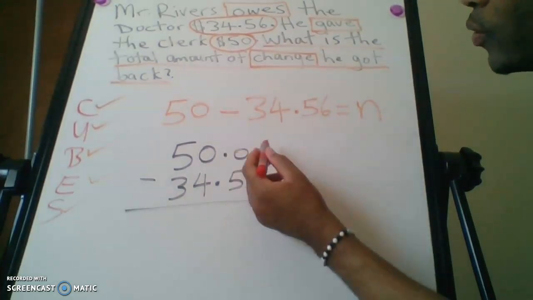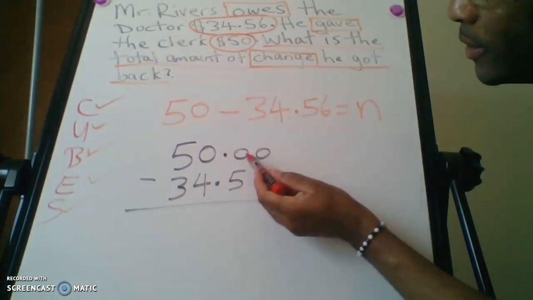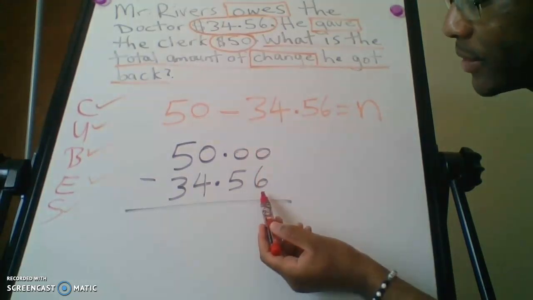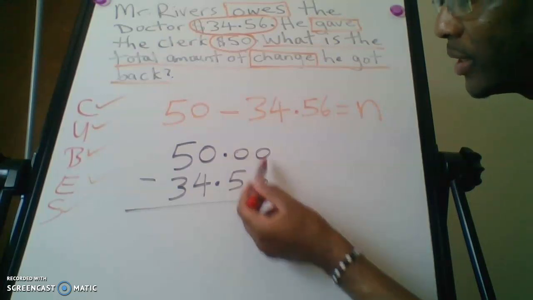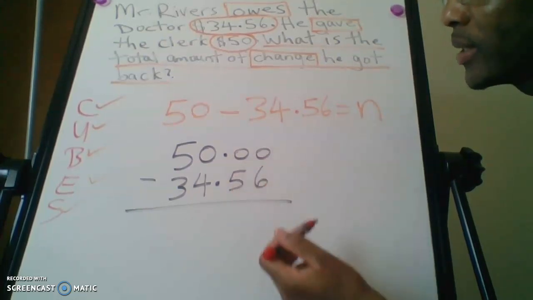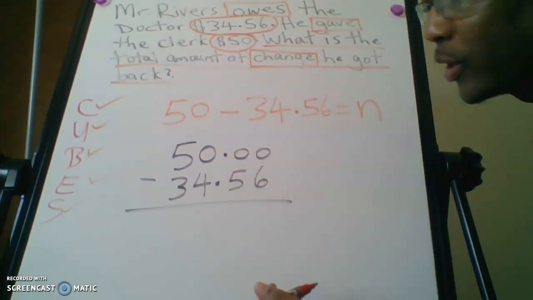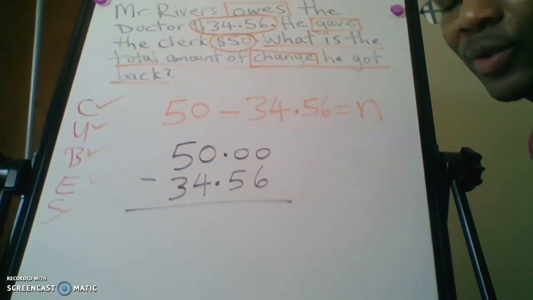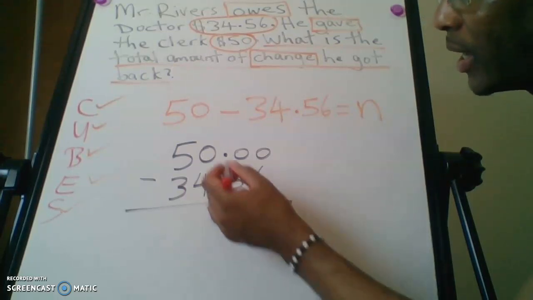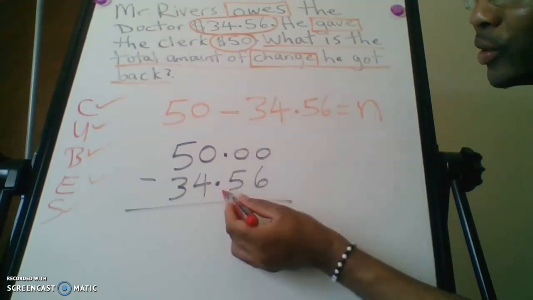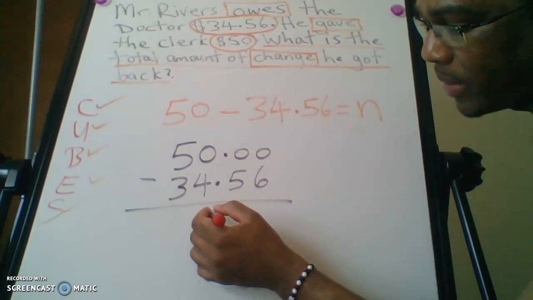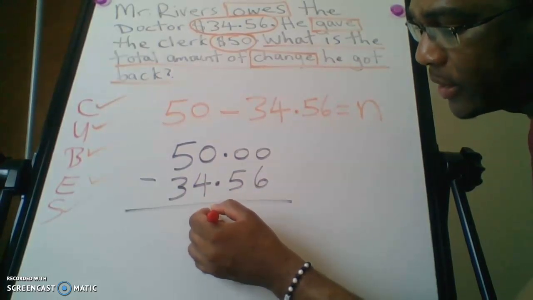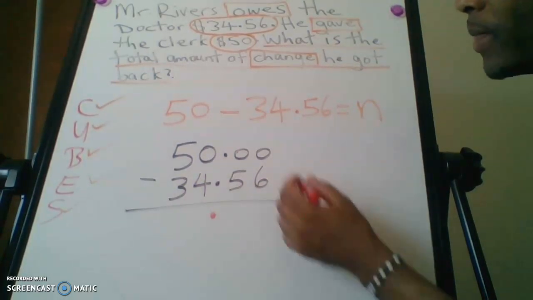So line them up, ones under ones. So this is hundredths and tenths. In terms of money, this is the cents column. We don't go past two digits when we are talking about money. But you use the same math concept. I know these are the two decimal points. I have to line them up because my decimal point is going to come right here.